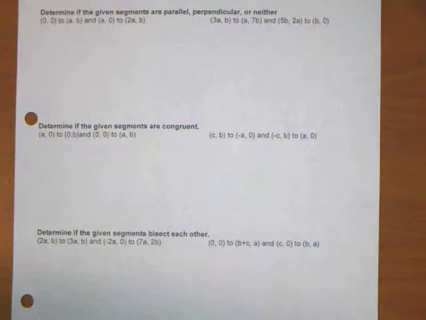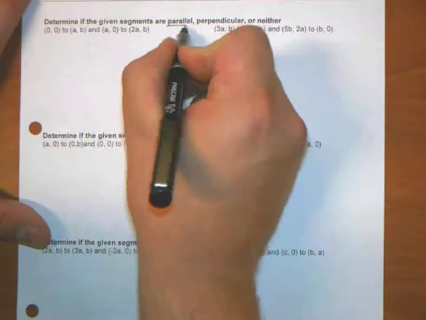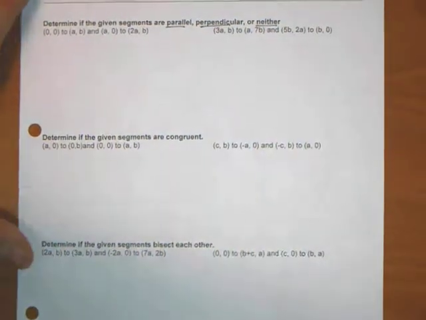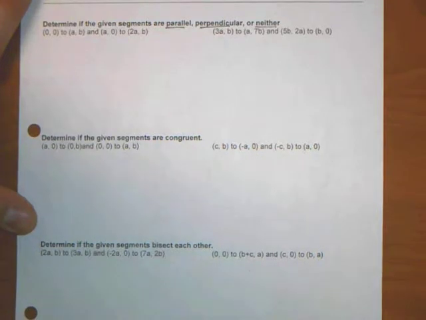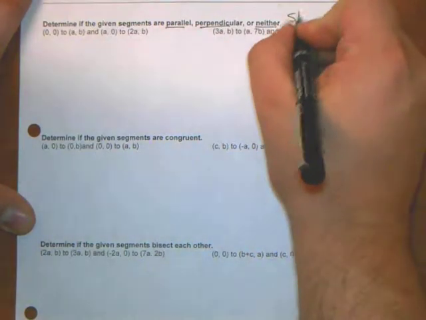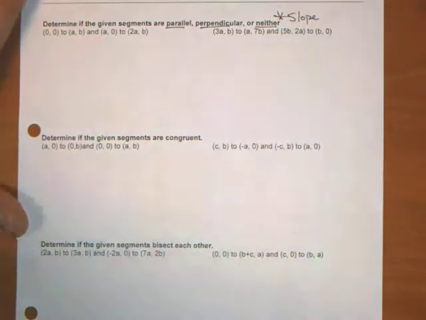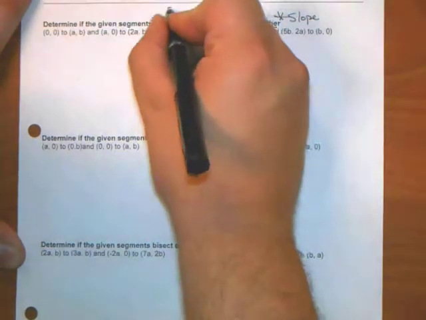So the first one says, determine if the given segments are parallel, perpendicular, or neither. What idea or what formula do you think is going to be useful? This is a slope idea. Parallel means equal slope.